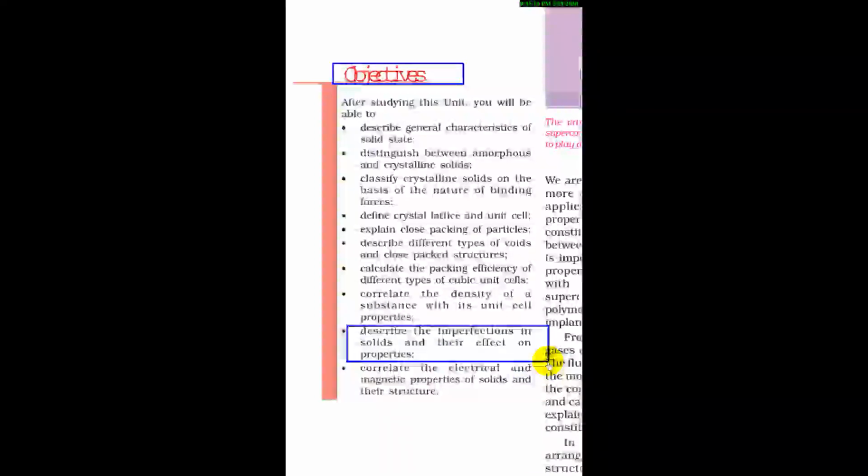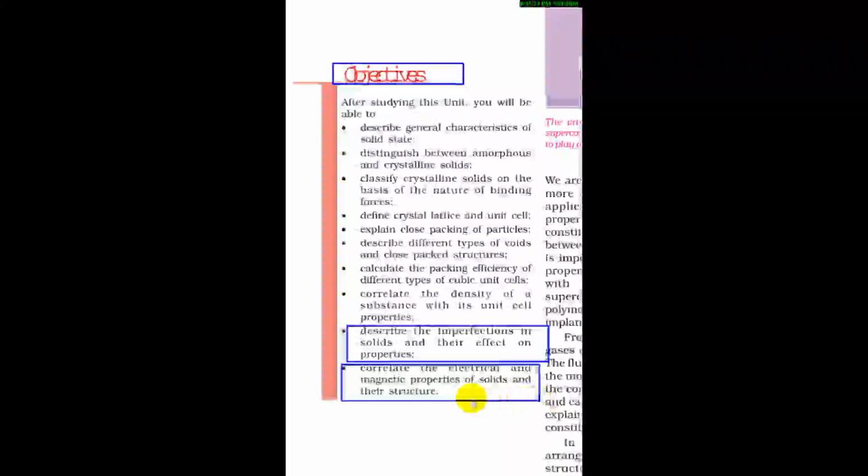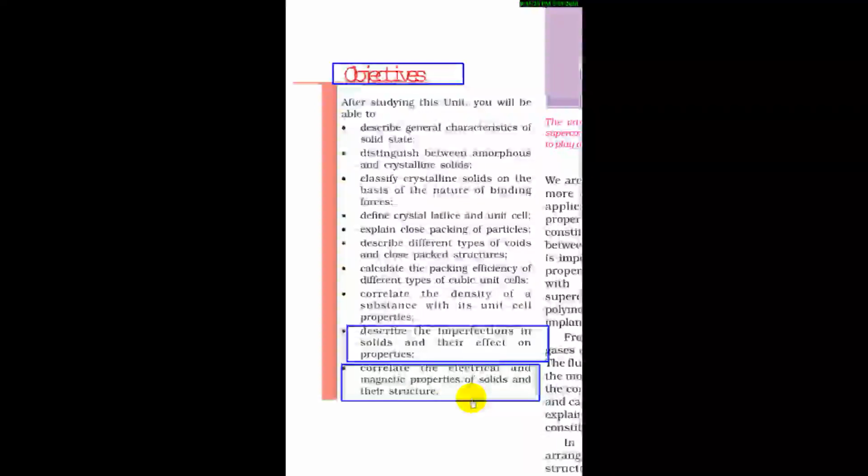After studying this unit, you will be able to describe general characteristics of the solid state, distinguish between amorphous and crystalline solids, classify solids on the basis of the nature of binding force, define crystal lattice and unit cells, explain close packing of particles, describe different types of voids and close packing structures, calculate the packing efficiency of different types of cubic unit cells, correlate the density of a substance with its unit cell, describe imperfections in a solid and their effects on properties, and correlate the electrical and magnetic properties of a solid with its structure.